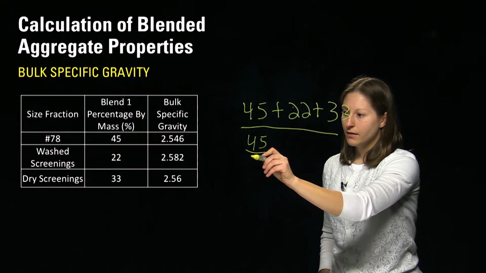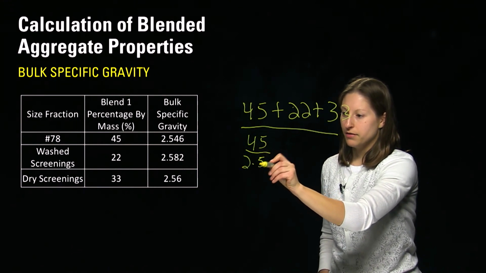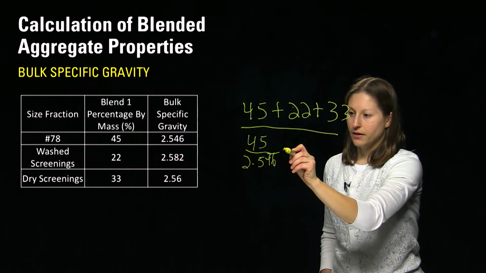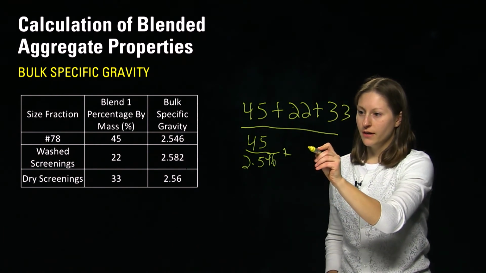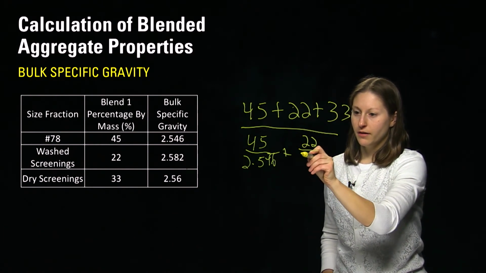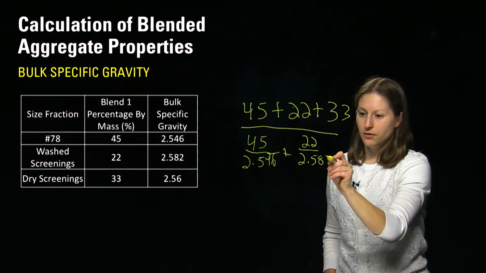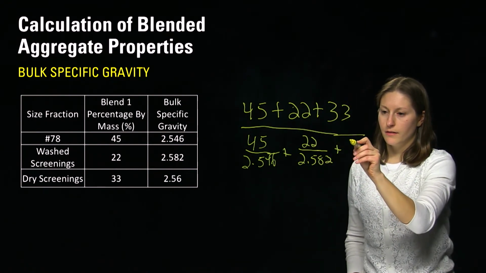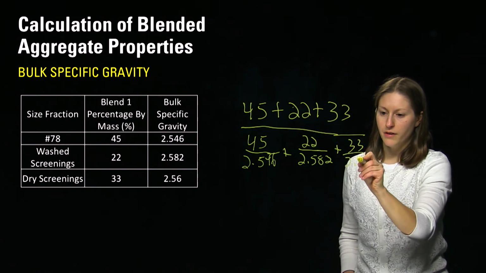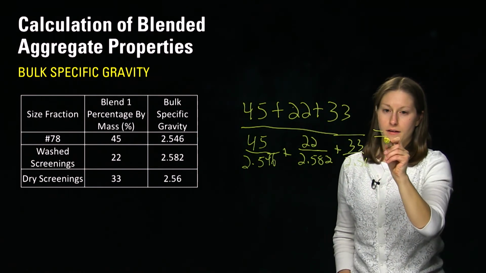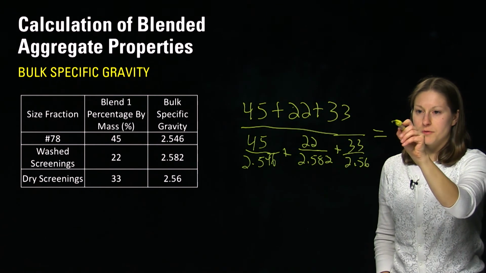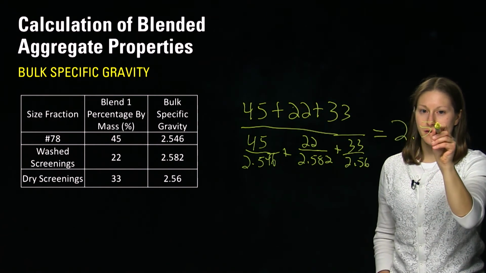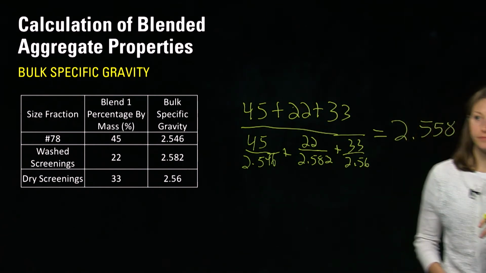For the number 78, the specific gravity is 2.546. For our wash screenings, it's 2.582. And for the dry screenings, it is 2.56. This leads to a blended bulk specific gravity of 2.558.